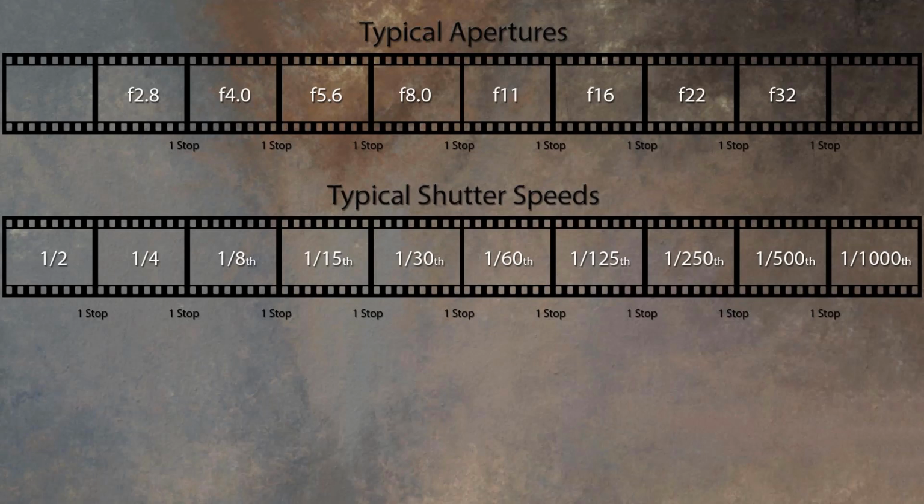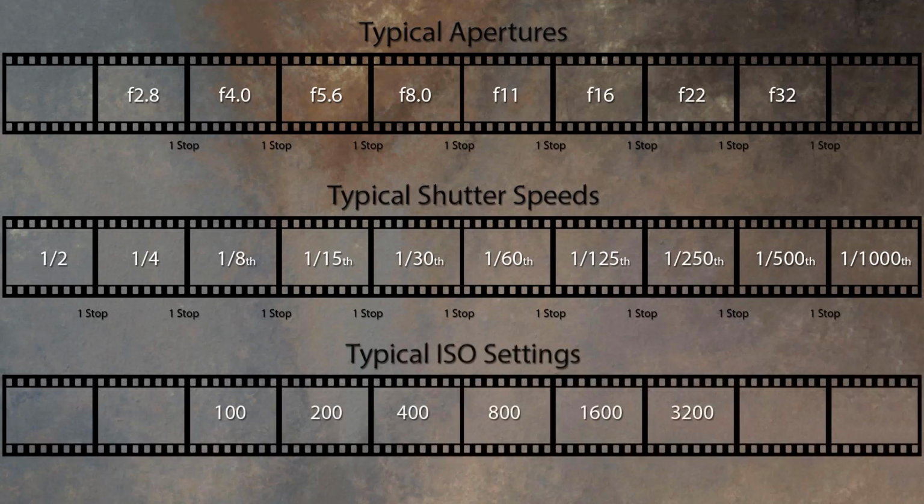Now let's take a look at typical ISO settings, and I very much doubt that you're going to be all that surprised with what we see. The exposure changes are the equivalent of one stop between each setting. 200 ISO makes the sensor more sensitive to light in comparison to 100 ISO.